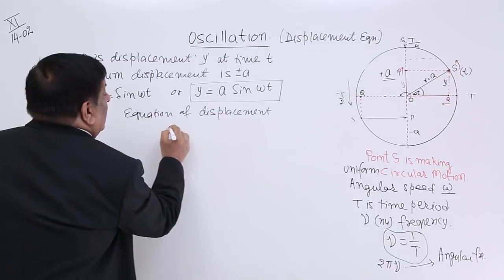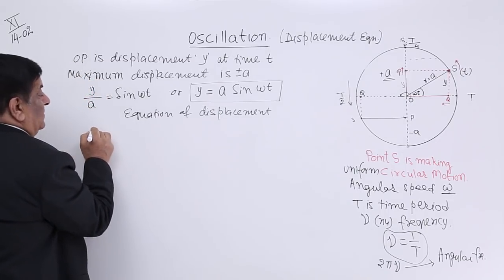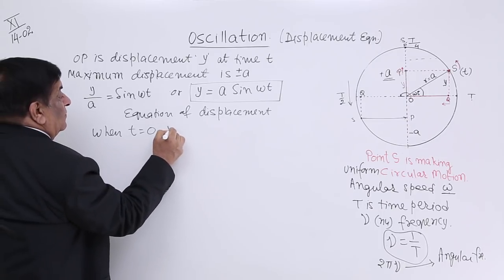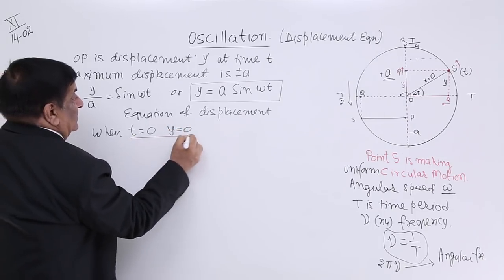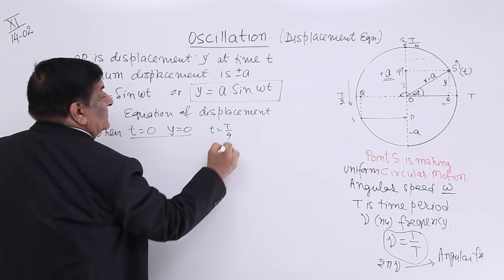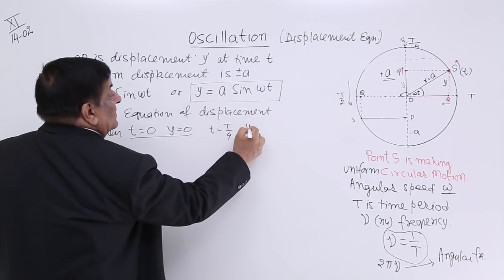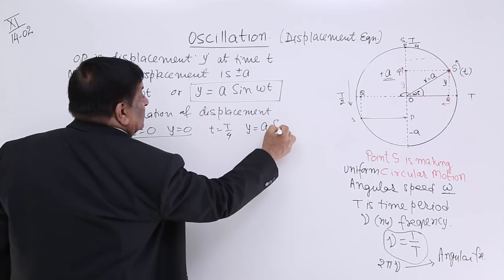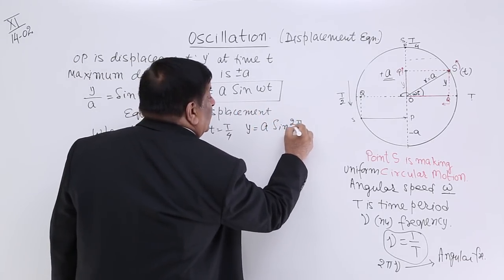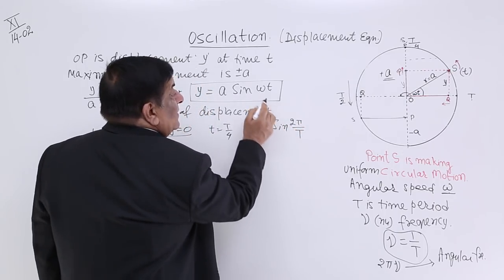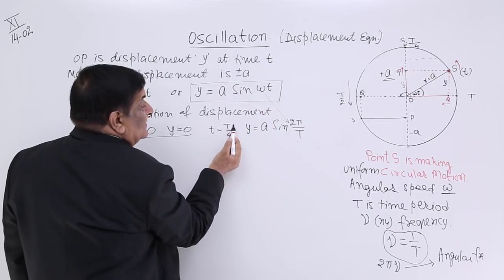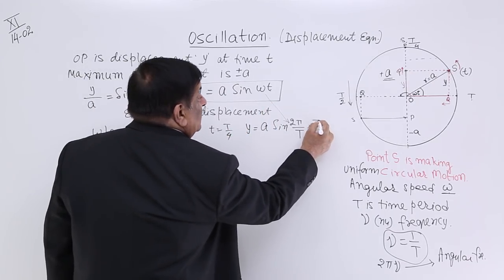In this, when t is equal to 0, y is equal to 0. When t is equal to T by 4, then how much is y? y is equal to A sine omega t. Omega we know is 2 pi upon T, multiplied with t, which is T by 4.